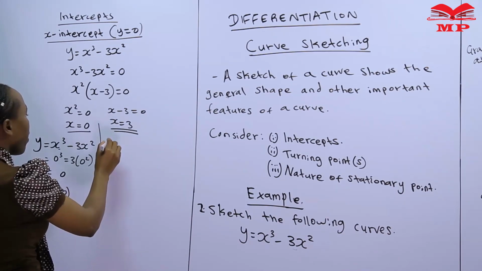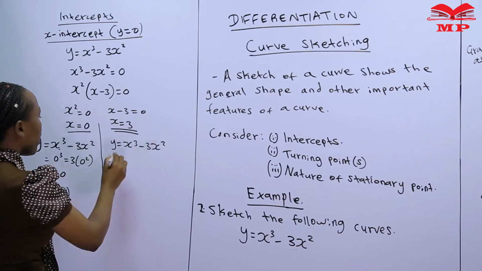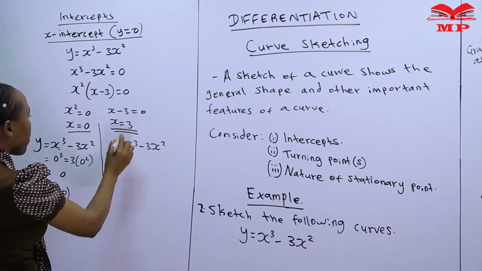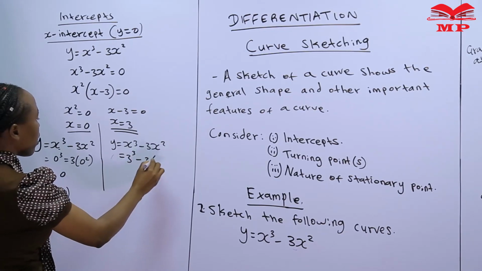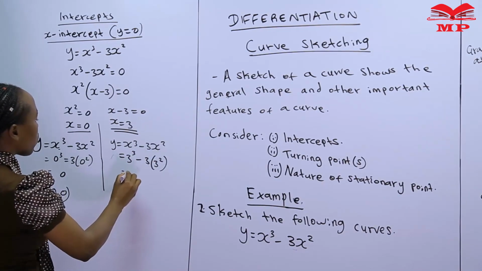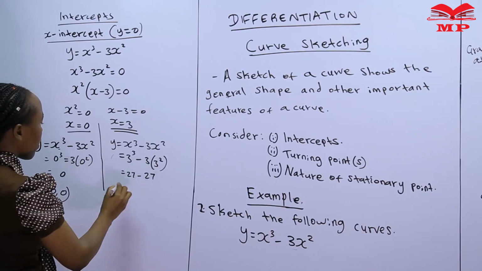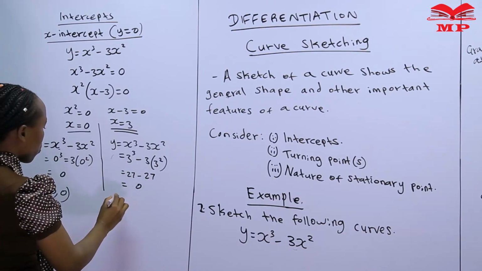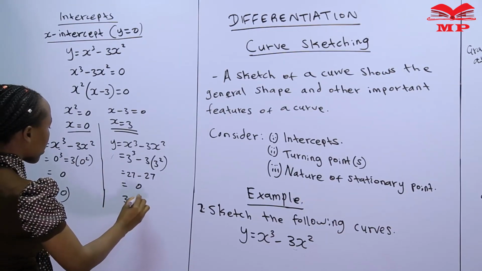Then when x is 3, we have 3 cubed minus 3 times 3 squared, which is 27 minus 27, so we have 0. So our coordinates here are x equal to 3, y equal to 0.